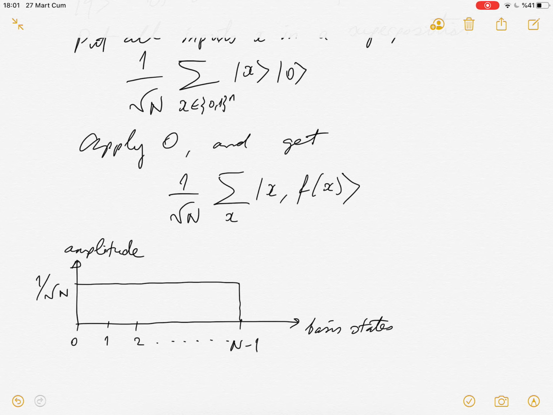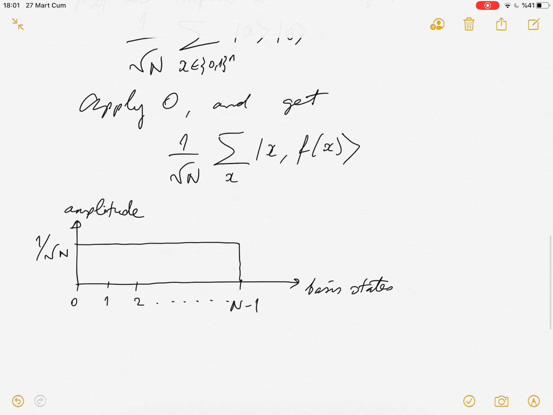Now, if we measure the first register after applying the oracle, it will return us one of the n many strings with equal probability, 1 over n.